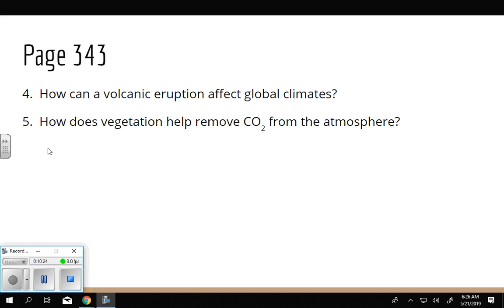Again, sulfur and ash from eruptions decrease temperatures by reflecting sunlight back into space.